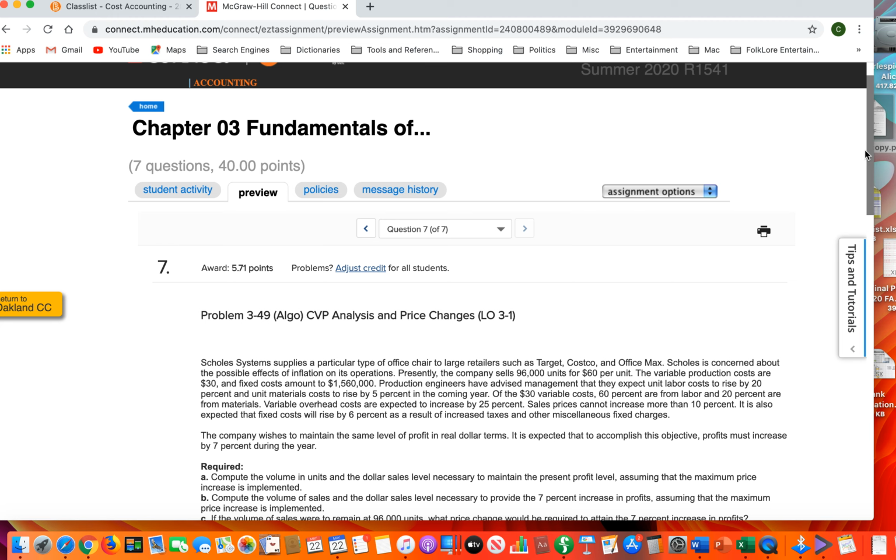Right? Fixed cost is the same, the increase of $1,653,600. Add those two together to get the contribution margin of $3,065,400.